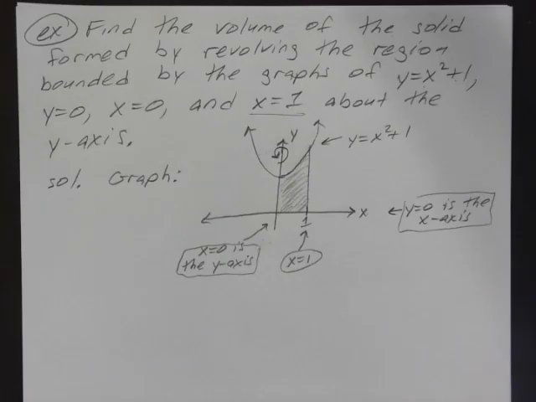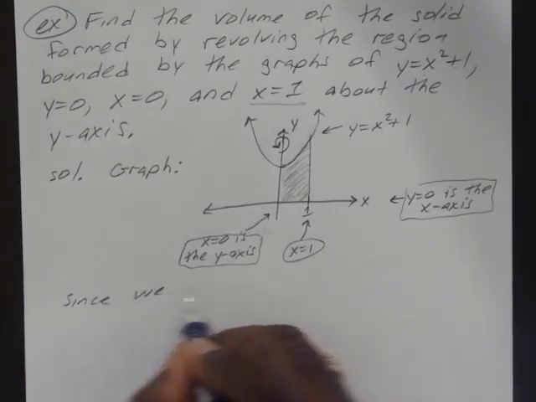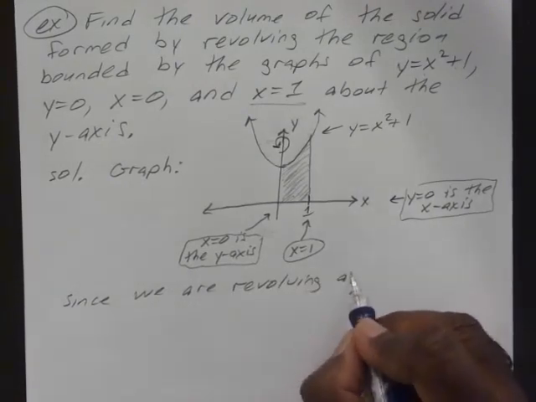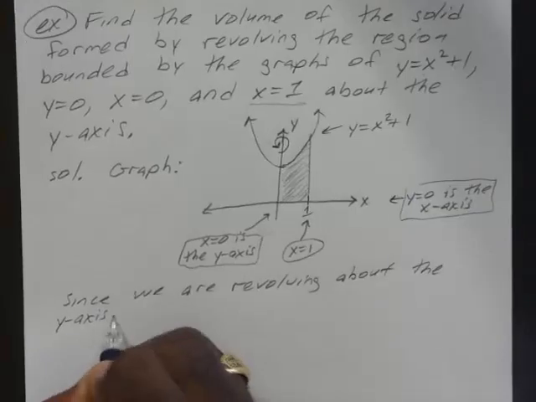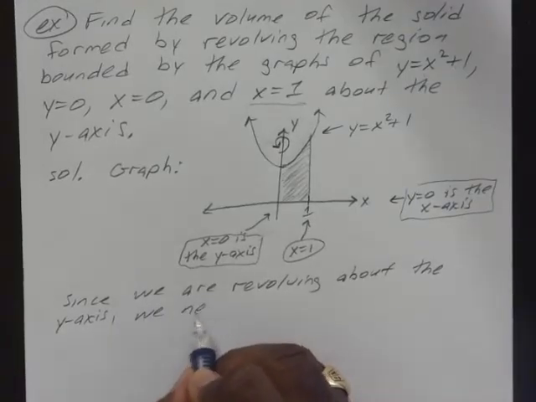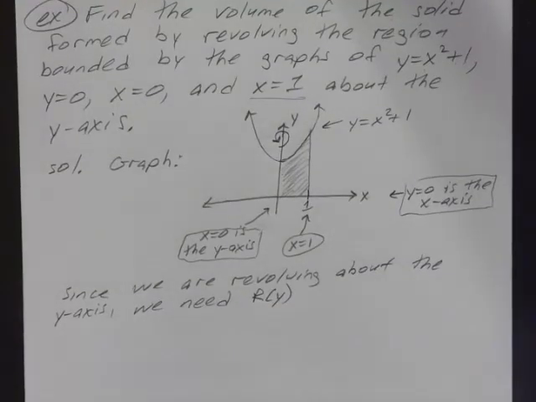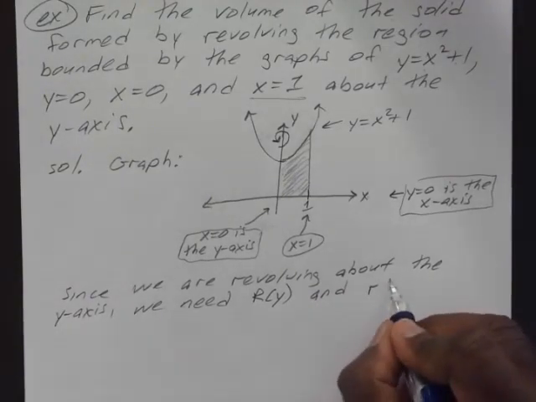Okay. Now we know since we're revolving it around the y-axis, we have to convert all of our equations into functions of y. Since we are revolving about the y-axis, we need our radius of y function, and our inner radius of y function.